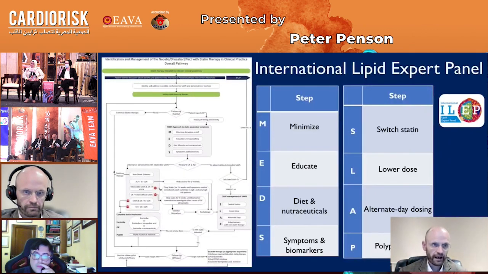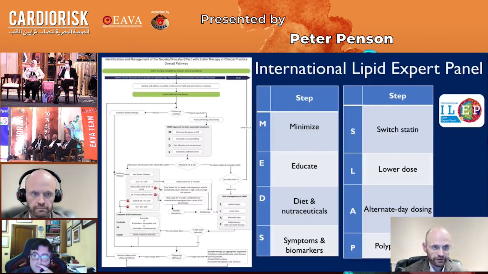The pathway outlined by the International Lipid Expert Panel relates to the initiation of statin therapy, and I'll show you a little bit later the use of a personalized lipid intervention plan, a PLIP as we call it. This is a really important part of patient education.